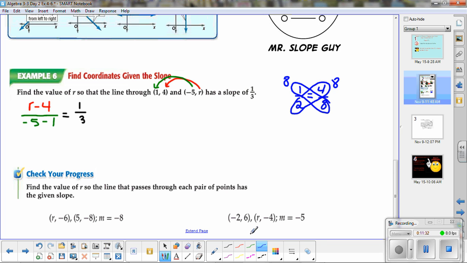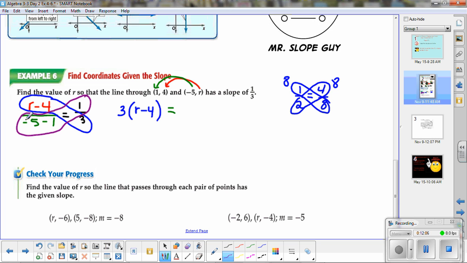So what we can do over here is take this right here and say r minus 4 times 3, or another way to write that is 3 times, then in parentheses, r minus 4, is equal to 1 times this right here.